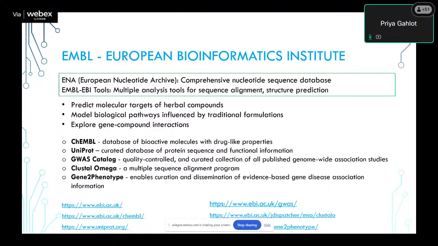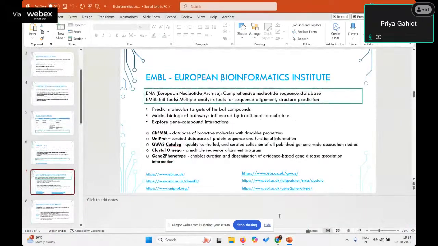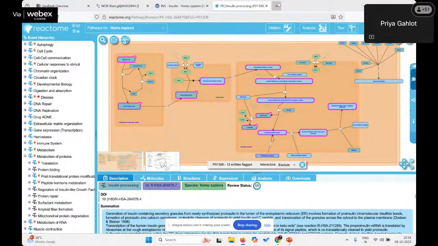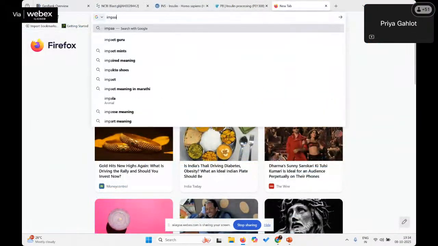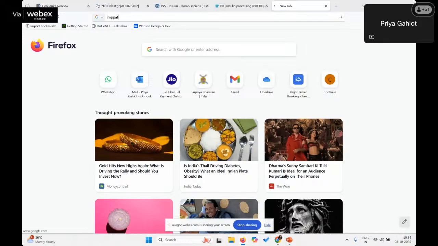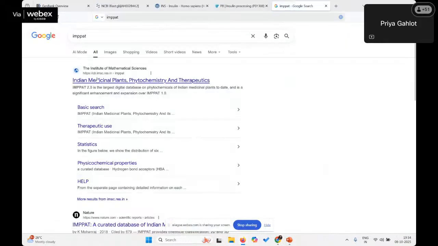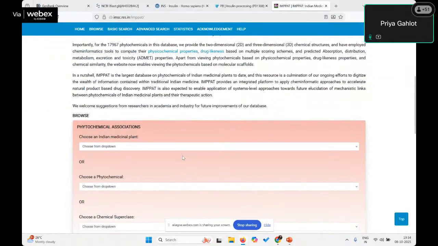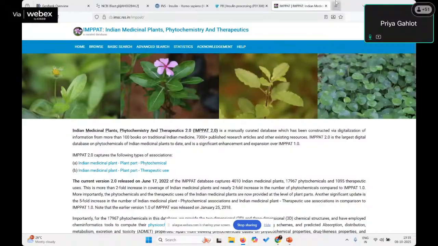So you can quickly search that. Like this is an Indian medicinal plant database. You can put in any plant name and it will give you all the bioactives.